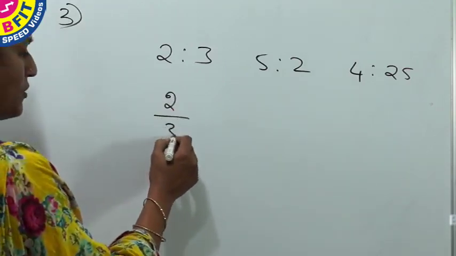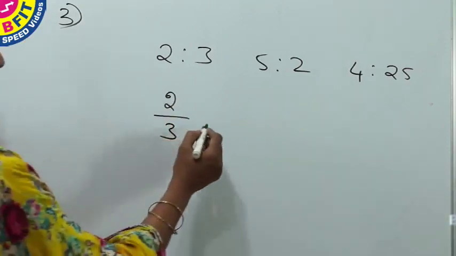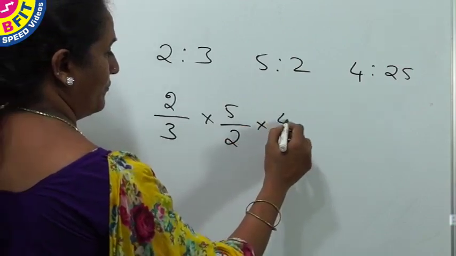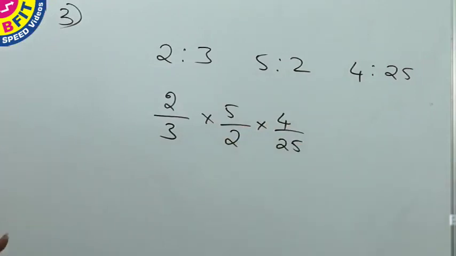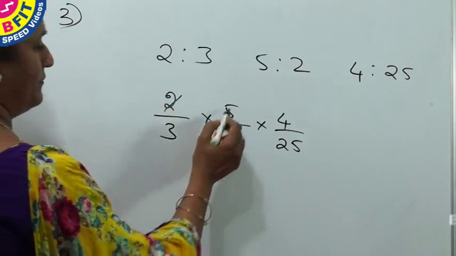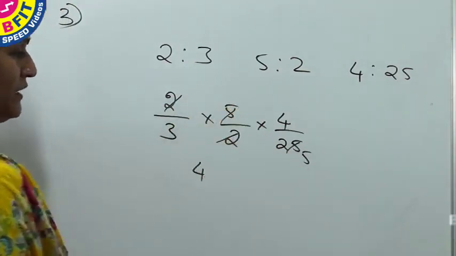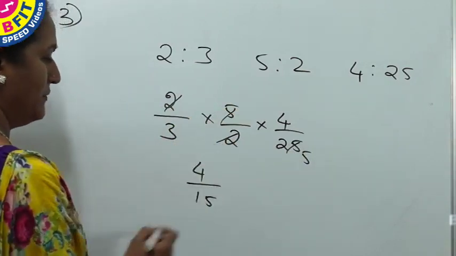A ratio can also be written in quotient format, so it is 2/3 into 5/2 into 4/25. If there are any common factors, just simplify them. We are left with 4 in the numerator and 3 into 5, 15, in the denominator.